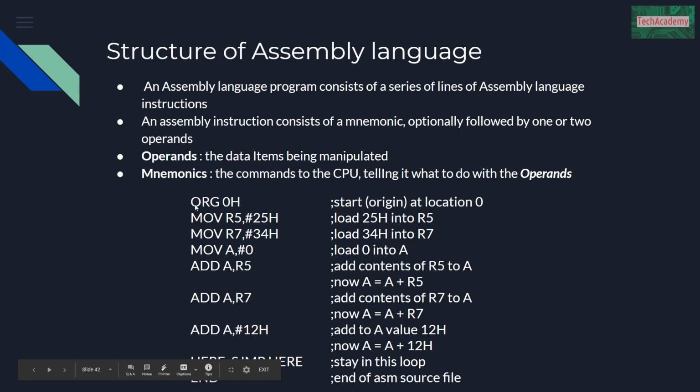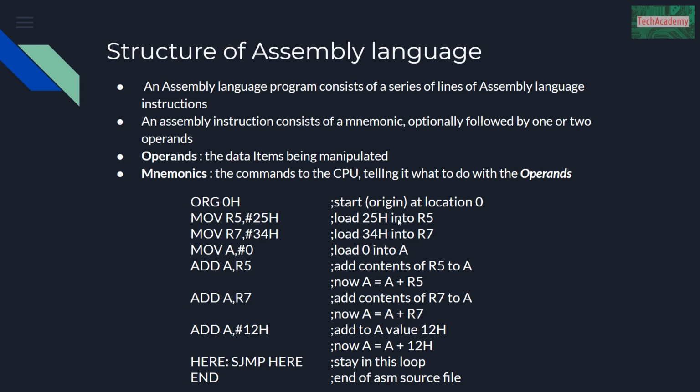Okay, these are some directives, then some assembly instructions are there. Okay, these are nothing but the comments. Similarly as we use in C language, we can do commenting in assembly language as well.